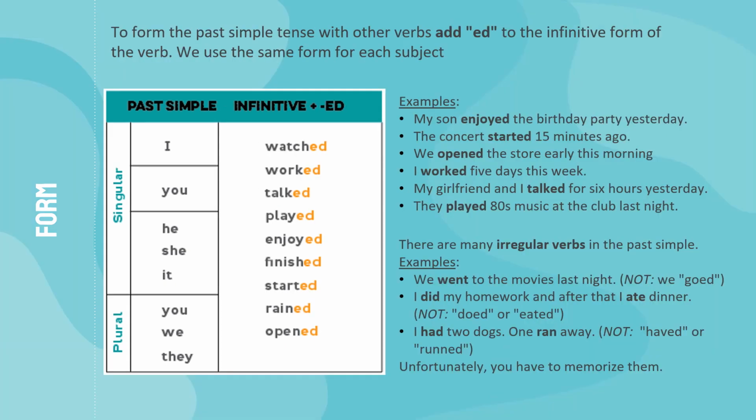To form the past simple tense with all the verbs, add ed to the infinitive form of the verb. We use the same form for each subject. Infinitive verb added with ed.